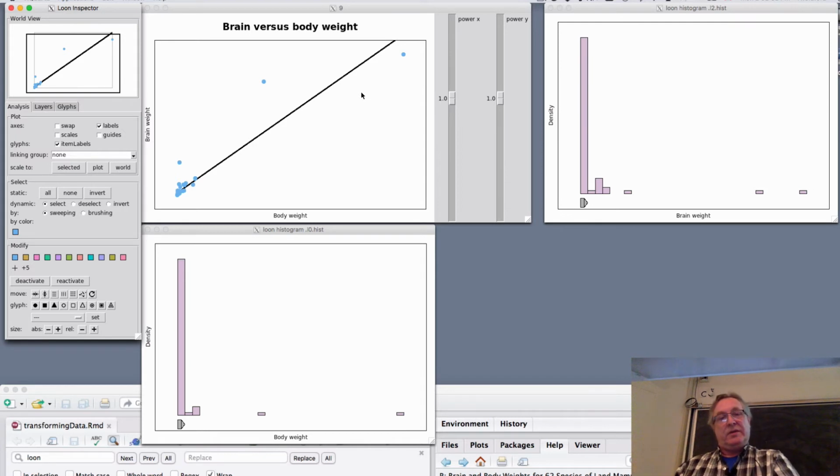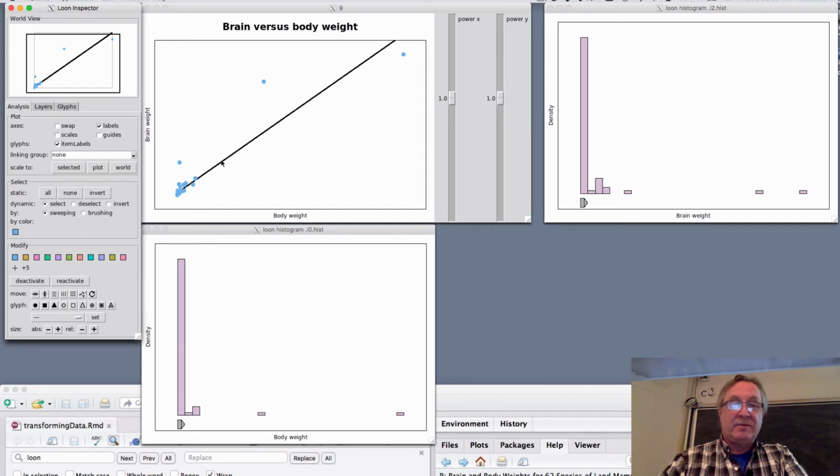You might think, if this is representing the typical behavior, then anybody above this line, maybe that's a smart animal. Anybody below the line, that's a dumb animal. And we can hover over these, for example. Which is the smartest animal here? Anyone? Pick one.